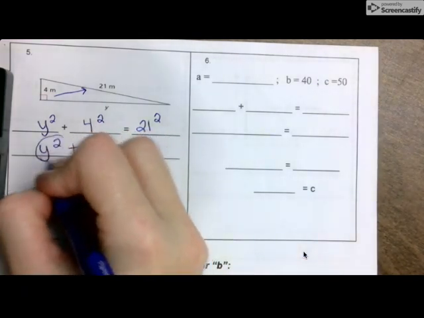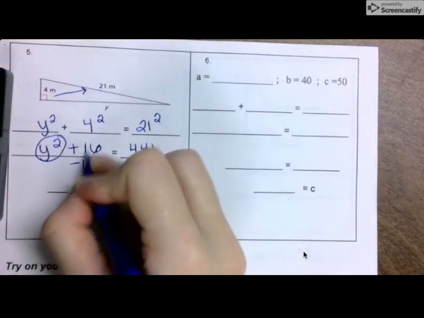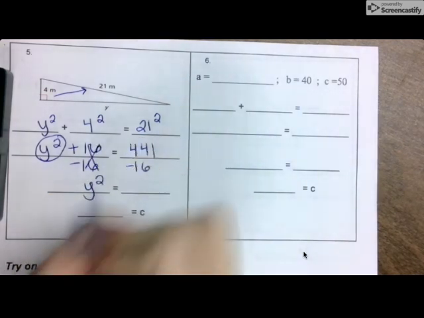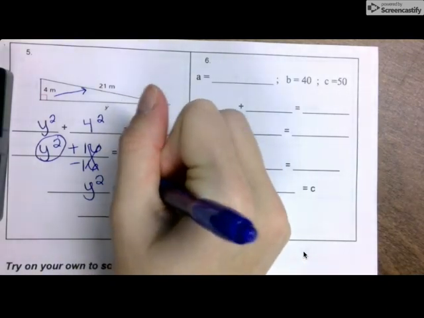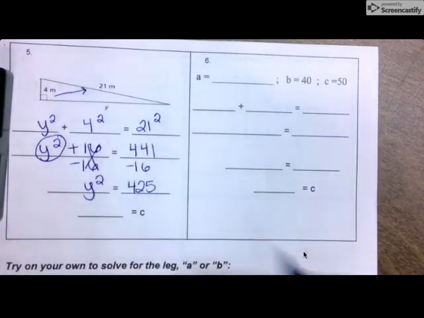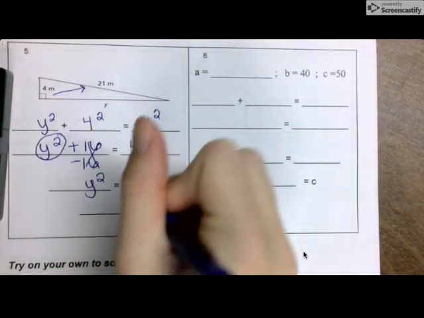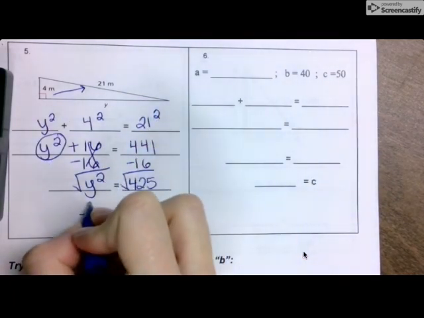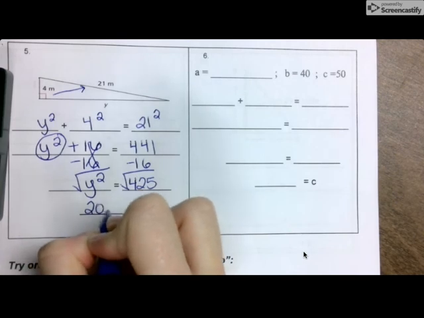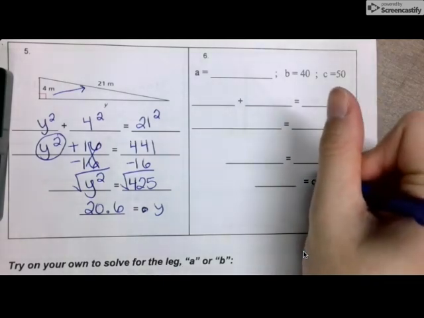To get y squared alone, I need to subtract 16 on both sides. That gives me 425. How do I undo that y squared? Take the square root. And y is 20.6.